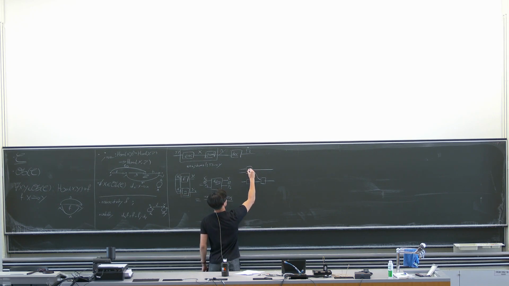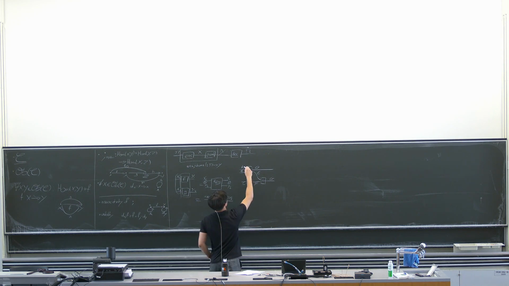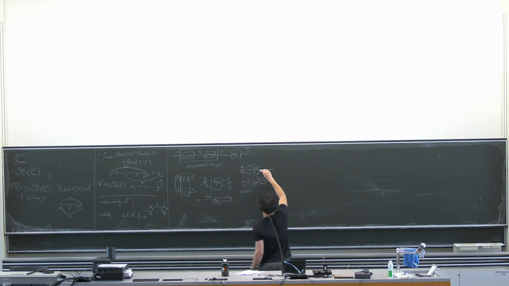So let's say we have A, B, and C. And here we have A, B, C, D, E, F, G. So what we do is we first consider these boxes like this, and this is just A cross B. And now this box, what are we doing here?